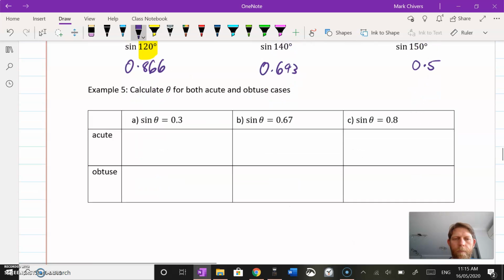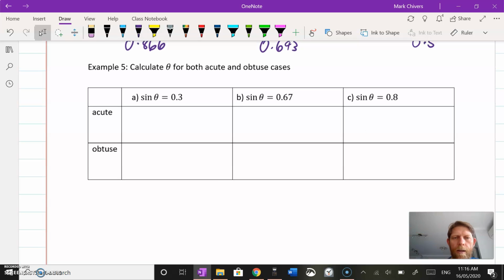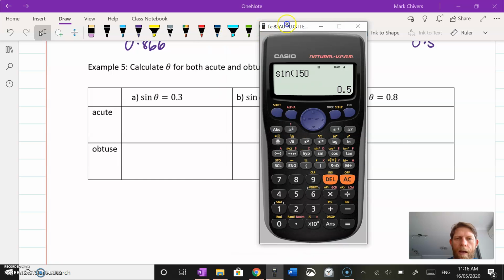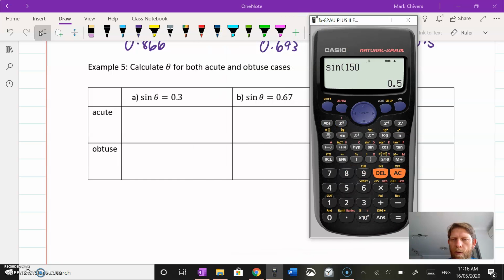Okay, so going back the other way, if we calculate theta for both the acute and the obtuse cases, if I have sine theta equals 0.3, so shift sine of 0.3 is going to give me the angle. So that's 17.4, we'll call that 17.5 degrees.